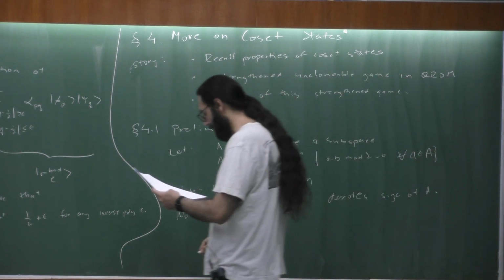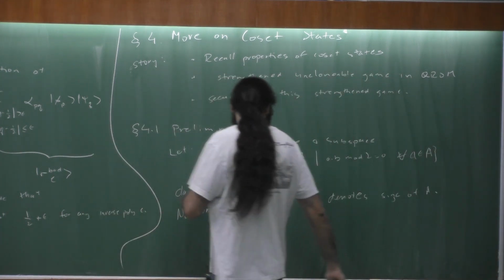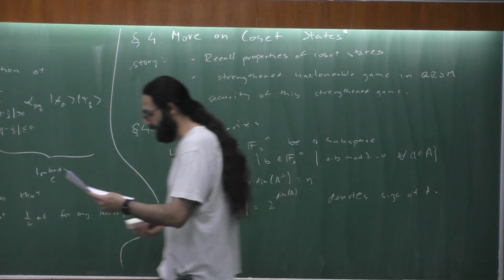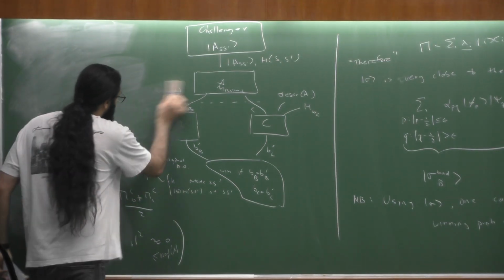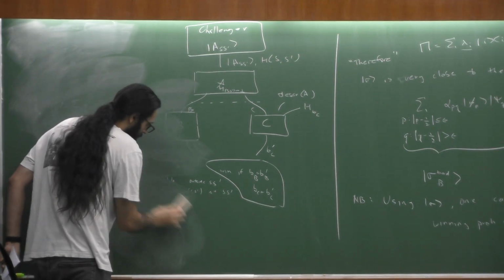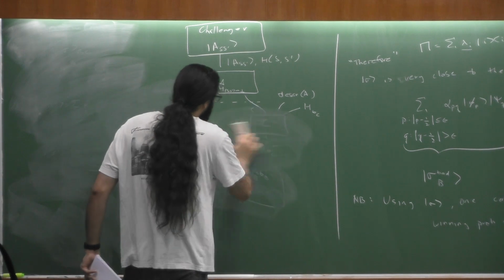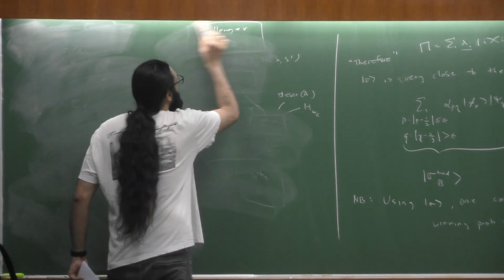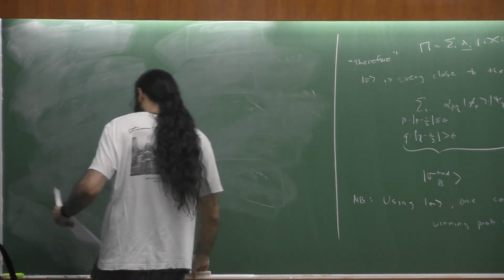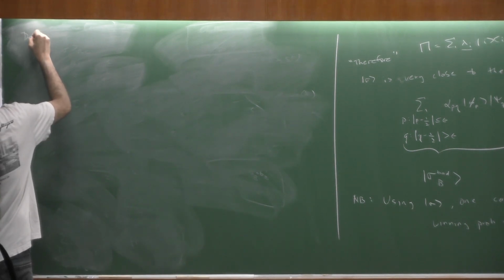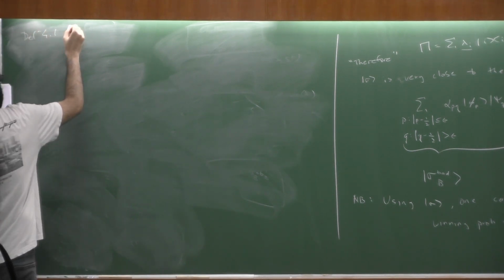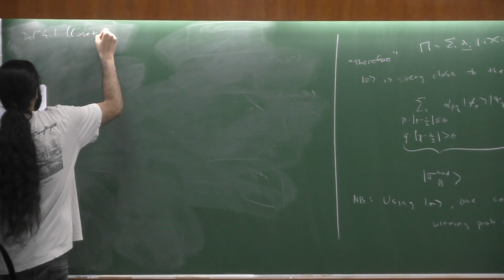Okay, and then finally, of course, we have the definition of the coset state that we wrote down last time. So let's quickly write it down again. Definition 4.1, coset states.